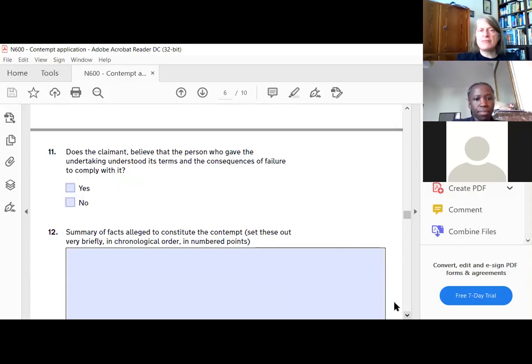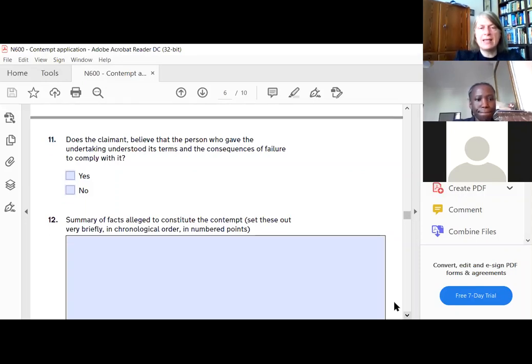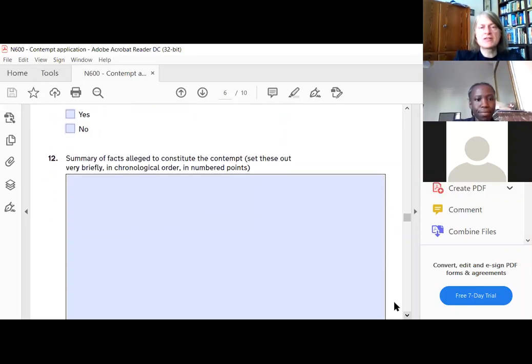Again, box 11 really requires you to consider whether there is understanding on the part of the defendant in relation to any breaches.